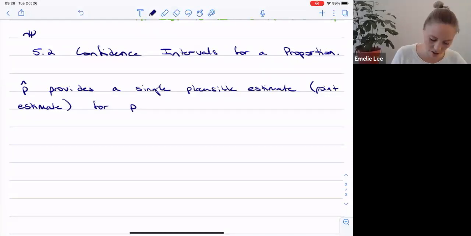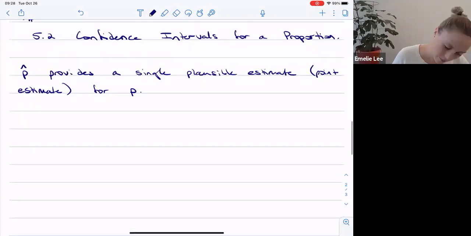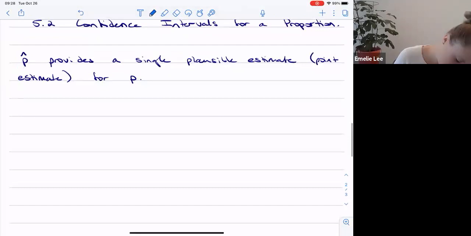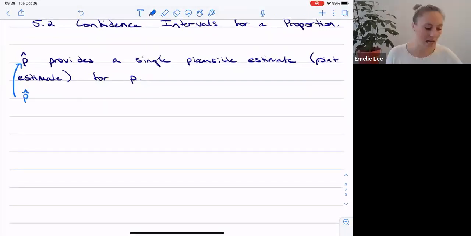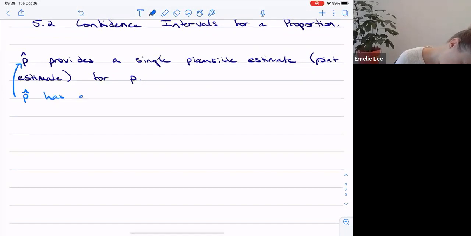The population proportion. But we know that p hat has a standard error associated with it.